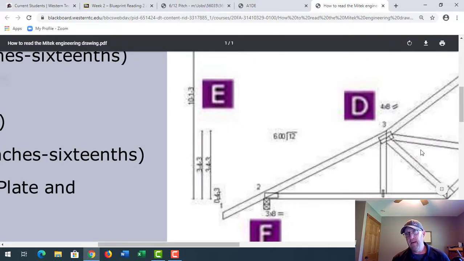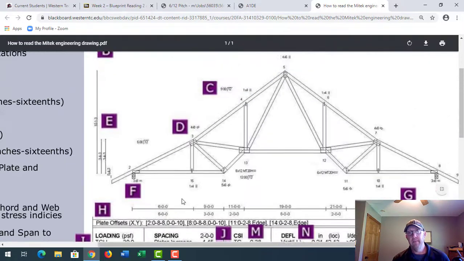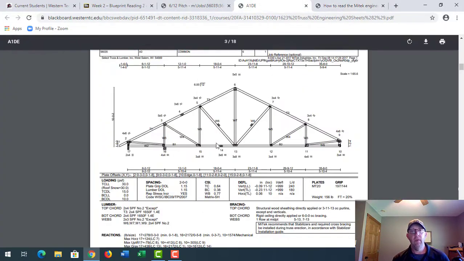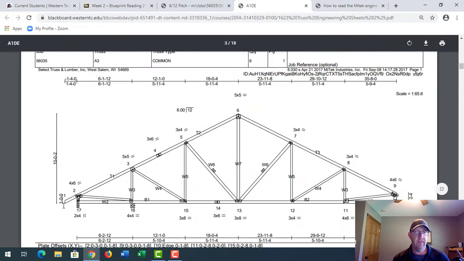So the overall height of this truss is 10 foot 1 3/16. Okay, so they're not too terribly tall. If I were to go here and look at my example, 1623 Liberty, I have a truss that's 10 foot 0 2/16.